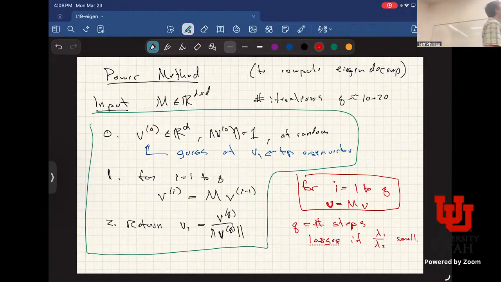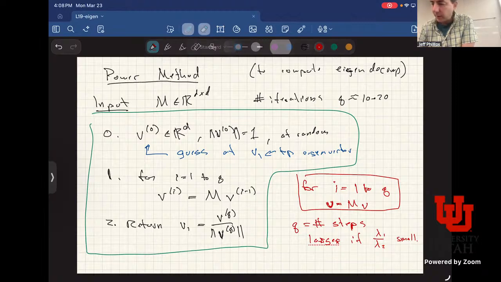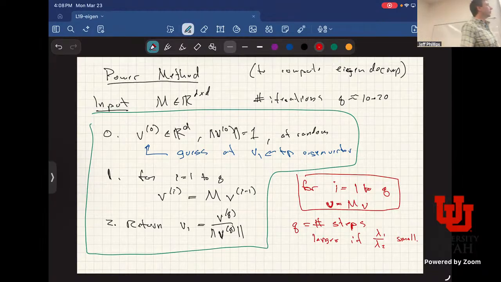So the number of steps depends on the ratio between the first and the second eigenvalues. If the first is really big compared to the second one, it will converge very quickly. If the first two are similar to each other, then it will converge more slowly.